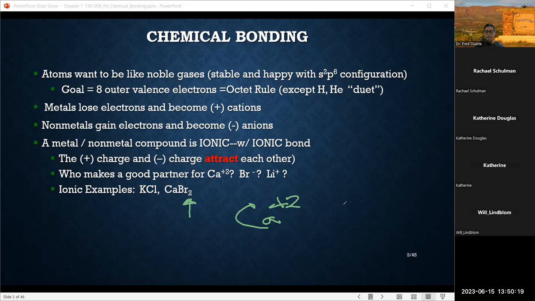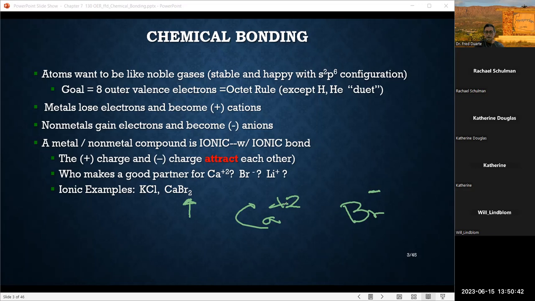The bromine is in group 7. It's a nonmetal. It's going to pick up an electron because it will have that 8 fulfilled. So it ends up in a negative charge. Okay. Now, when I put these together to write a formula, I have to put enough positives and enough negatives together so they cancel each other out.